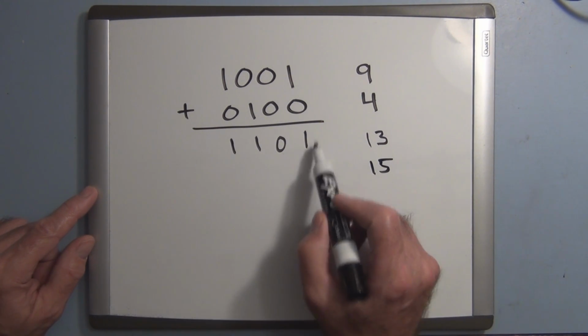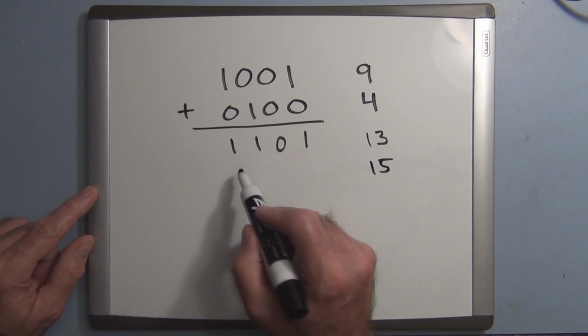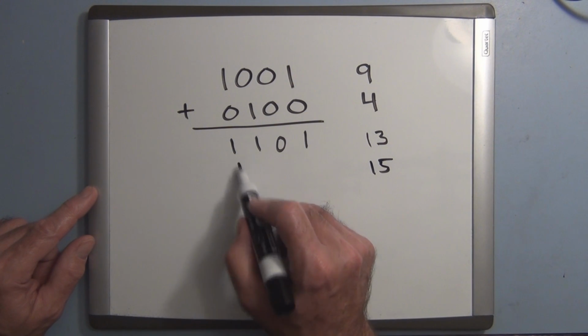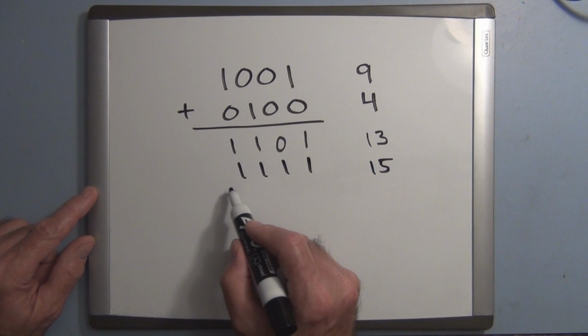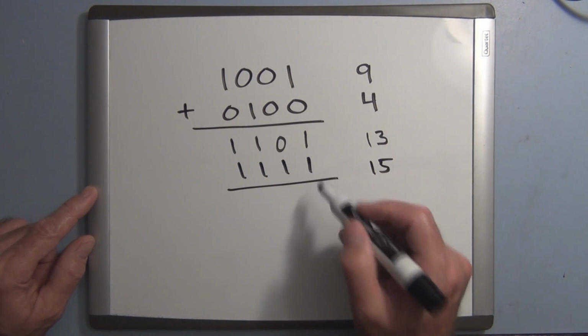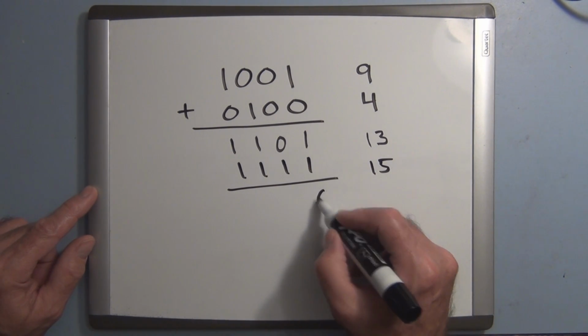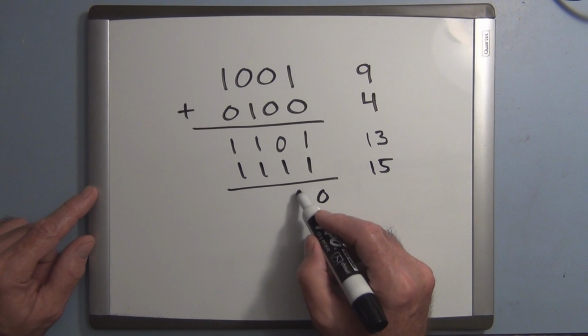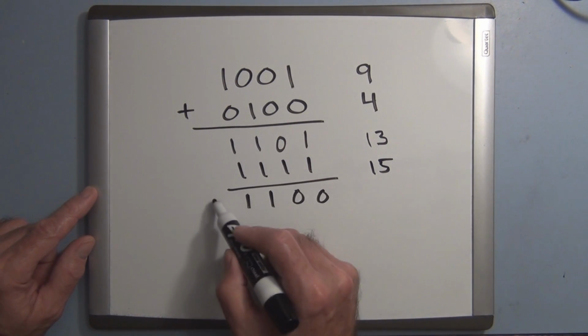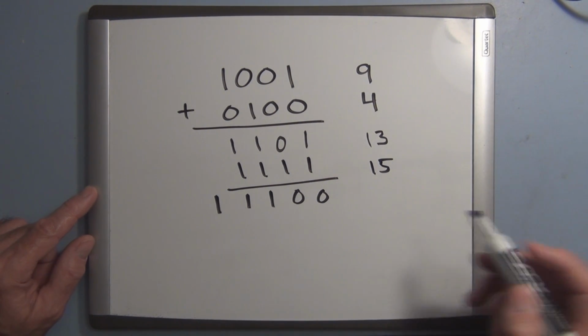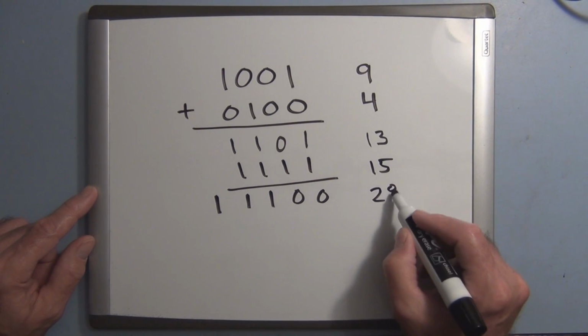We store this result, and then take the third number, and now we can add these two numbers together to get another result. In this case, this is 0, carry the 1, so 0, carry the 1, and a 1 with a carry of a 1, which gives us 28.